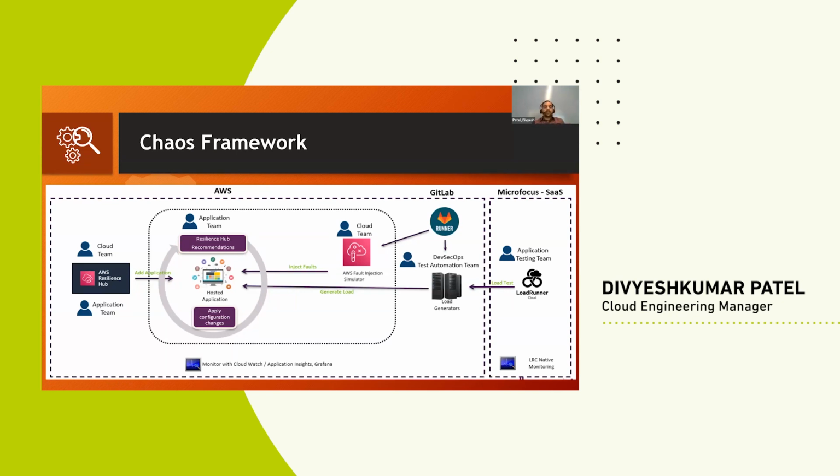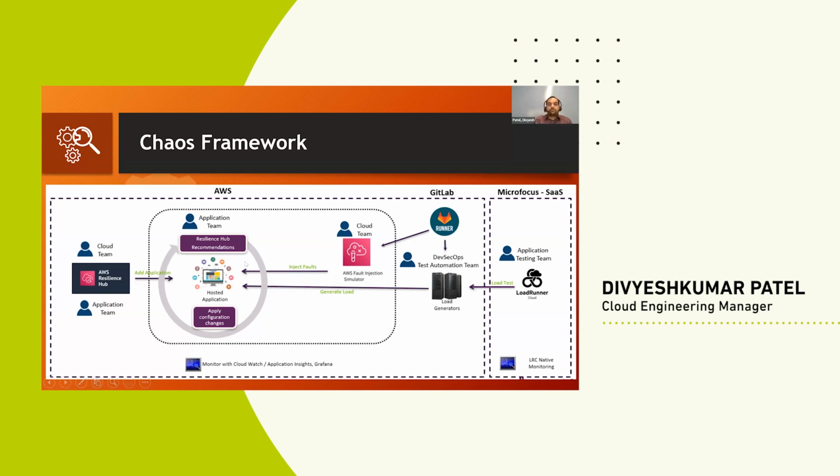Similarly, it may say to add a load balancer if you don't have one, or add more resources. Those configuration changes are recommended based on application scanning, and the application team needs to apply them. In our framework, this is the first step.